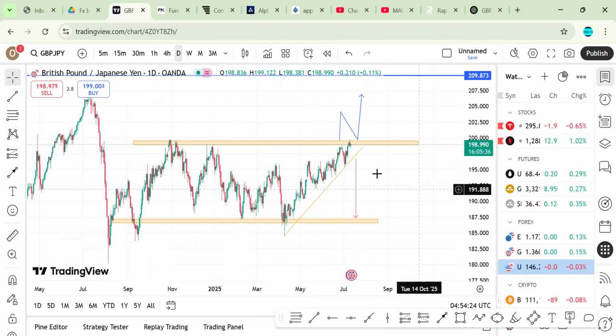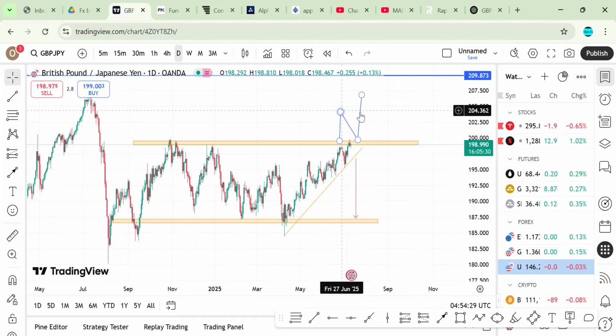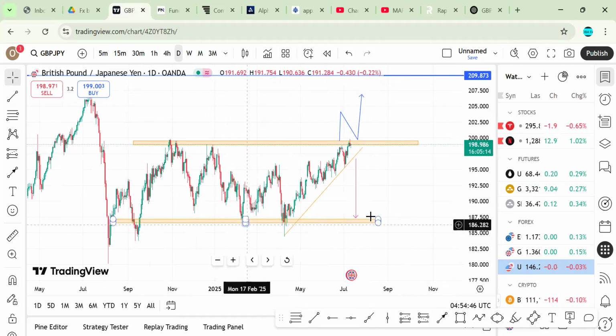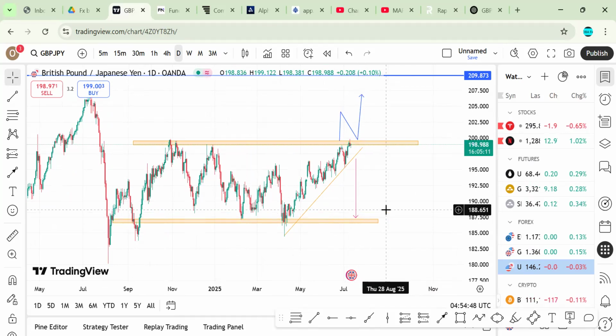I'll wait for either the resistance zone to be taken out by buyers, and I'll patiently wait for a retest, and then stack buy trades, or I wait for this bounding trend line to be taken out, then I'll know that sellers are ready to push price back down to the support zone. So that's my simple analysis and simple outlook for GBPJPY using pure price action strategy.